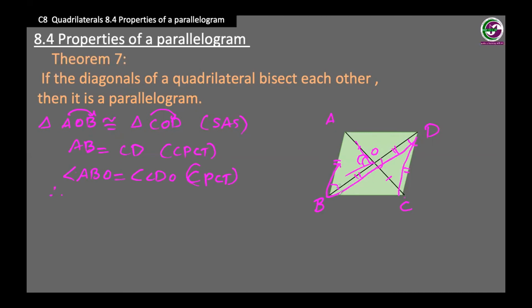Alternate interior angles are equal, which means AB is parallel to CD. Now we get one pair of opposite sides are equal and parallel, which means that will be a parallelogram. Therefore, ABCD is a parallelogram. That's all about the theorems.